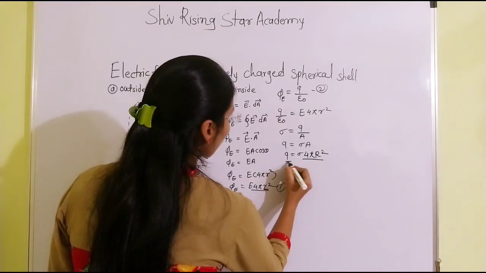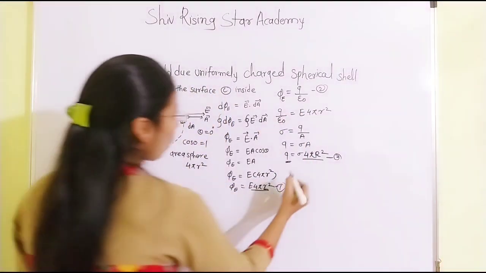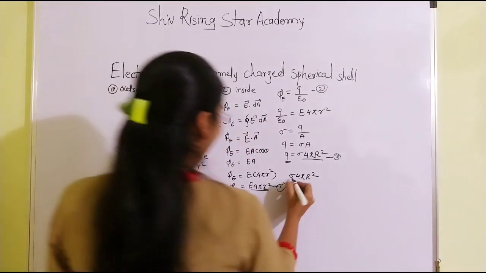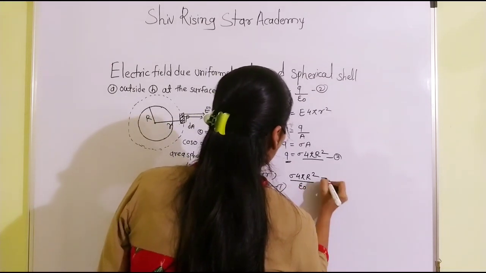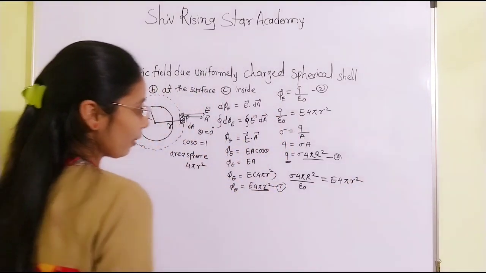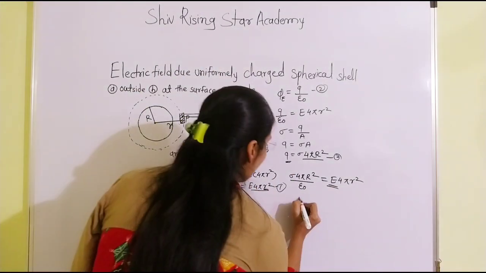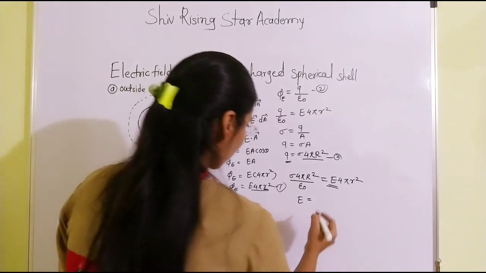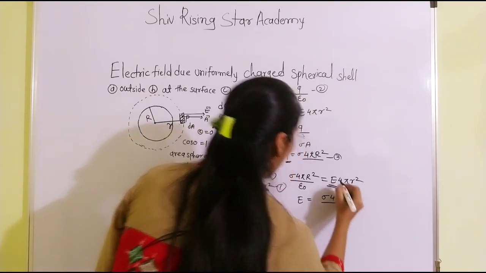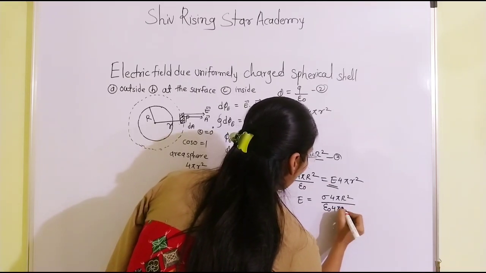So we will get the value of Q, and we can put this value in this equation. So sigma 4 pi R square by epsilon naught is equal to E 4 pi r square. Here we have to find the value of E. So E is equal to sigma 4 pi R square upon epsilon naught 4 pi r square.